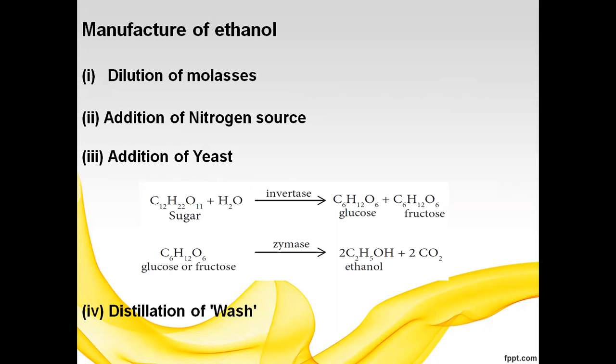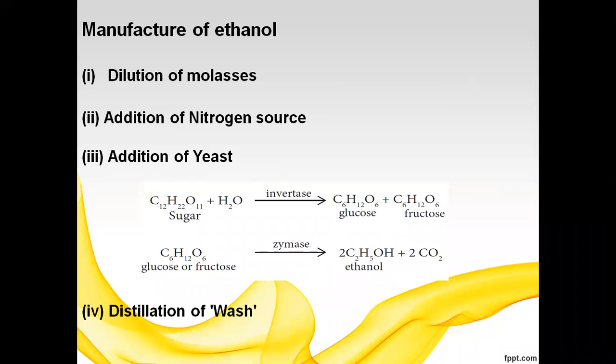Okay. So next step is addition of nitrogen source. Molasses already contains some nitrogenous matter to act as food for yeast during the fermentation process. But the molasses is poor in nitrogen content.